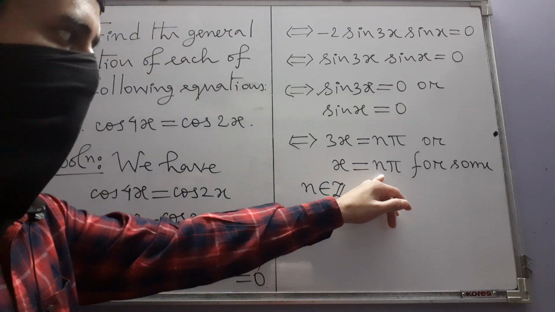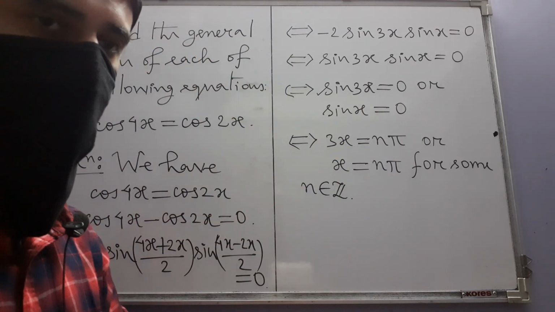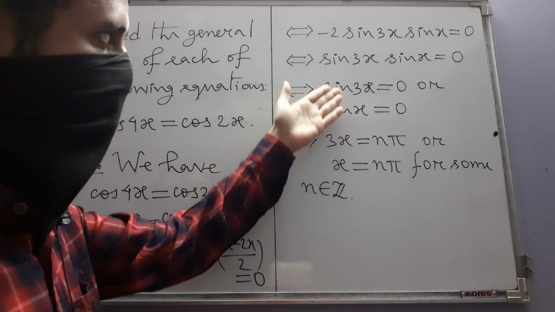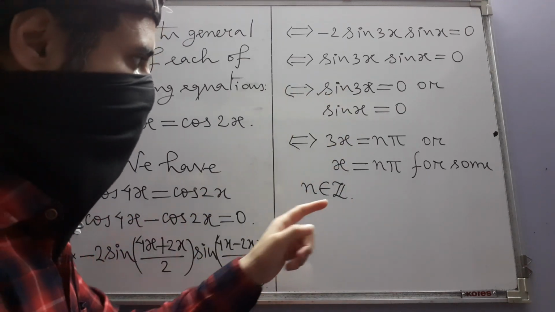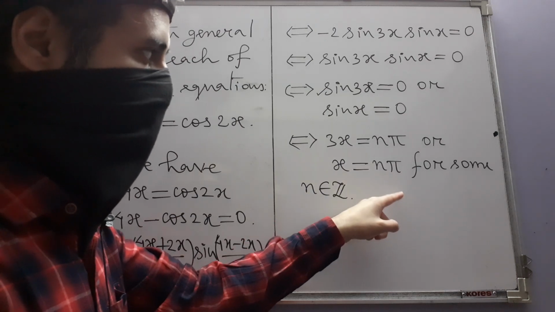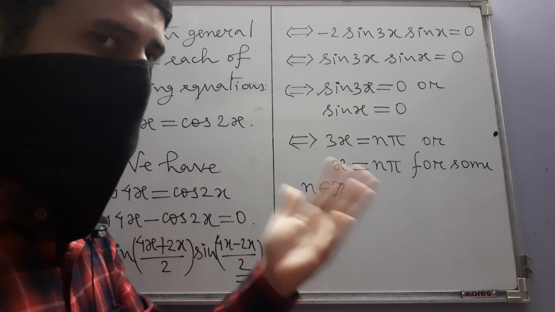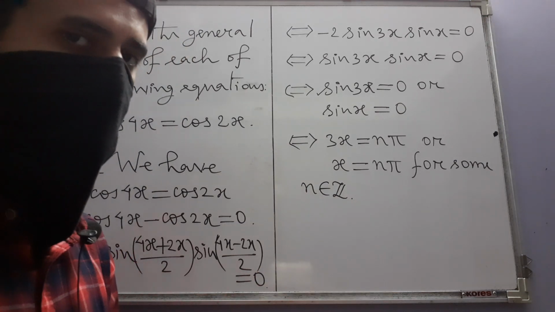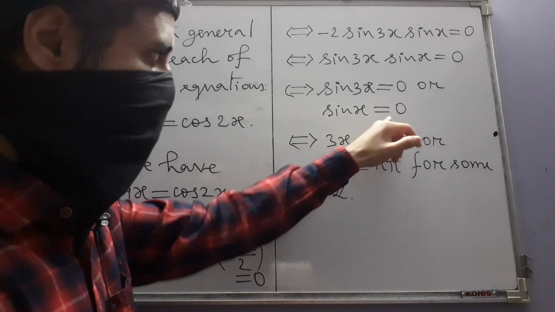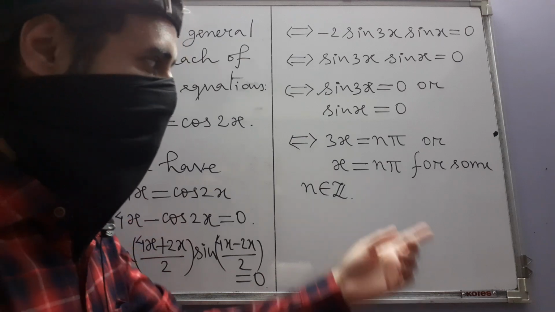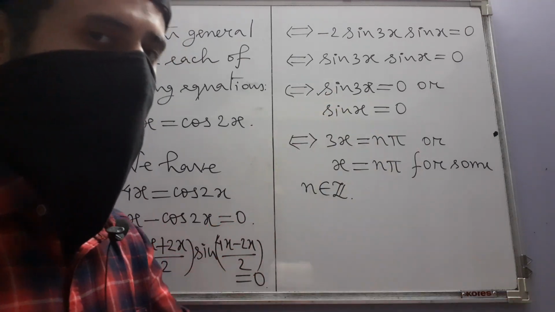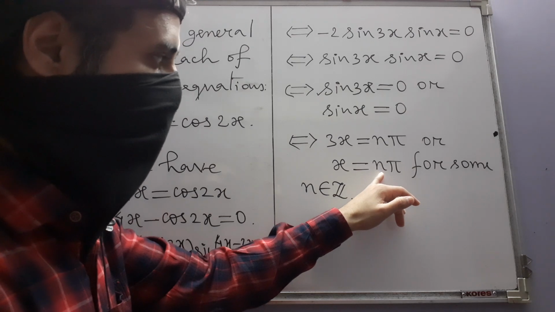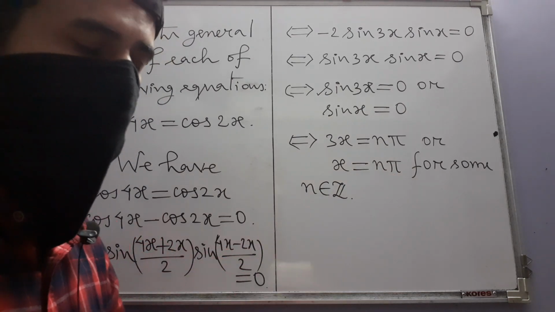Ideally you should write some other symbol here, because this is another equation. Right now at this stage we are looking at two equations. Either this happens or this happens. They may simultaneously happen, but in general we just treat them as different equations. From this equation you are going to get some x values, from that equation you are going to get some other x values. There may be some common values. So ideally you should write something else here, say m.